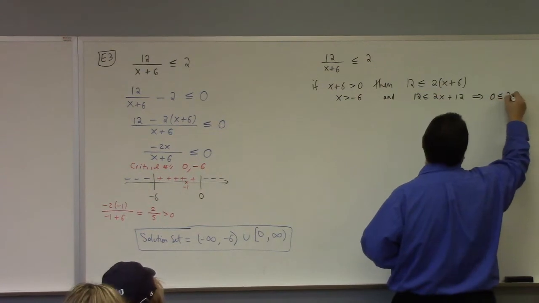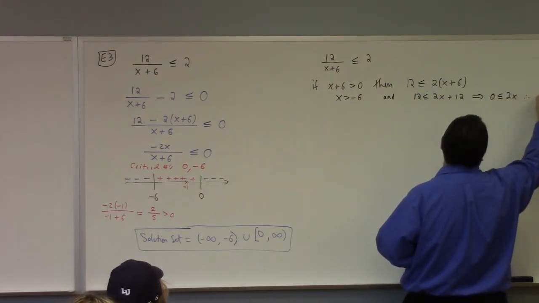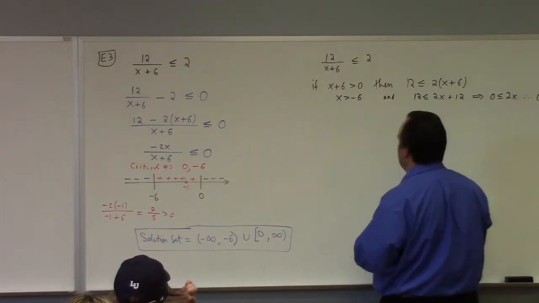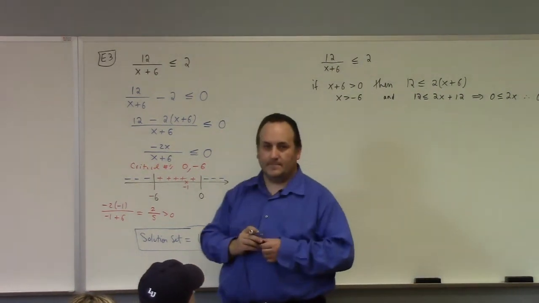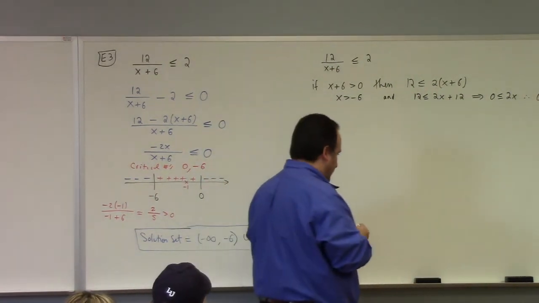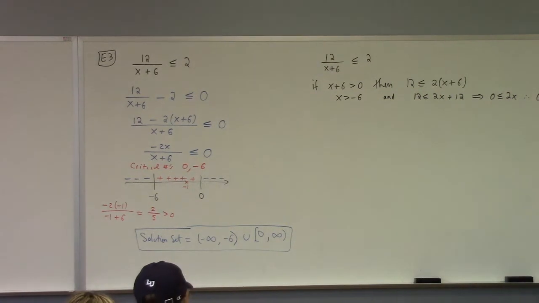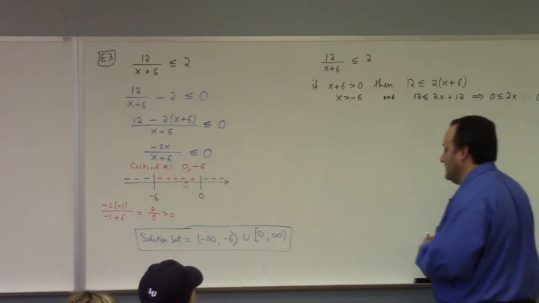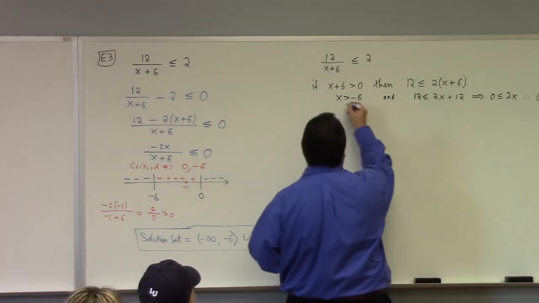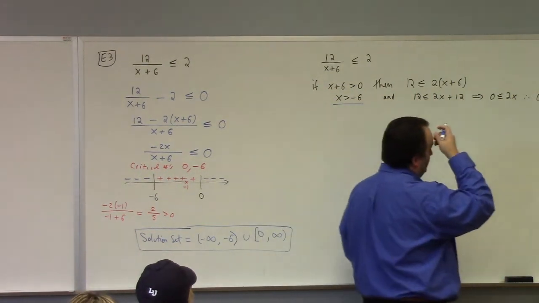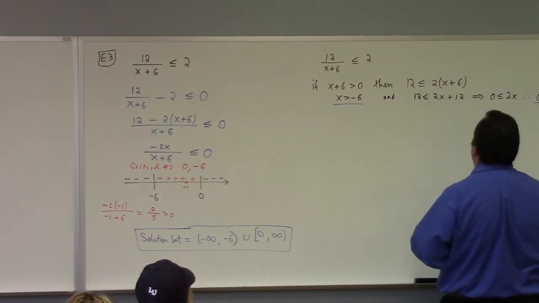0 is less than or equal to 2x. 0 is less than or equal to x. So you look at what you got. You've got what? x greater than minus 6 and x less than or equal to 0.